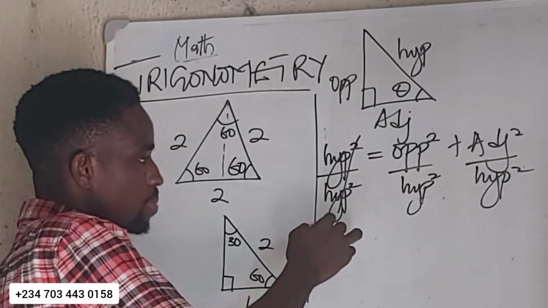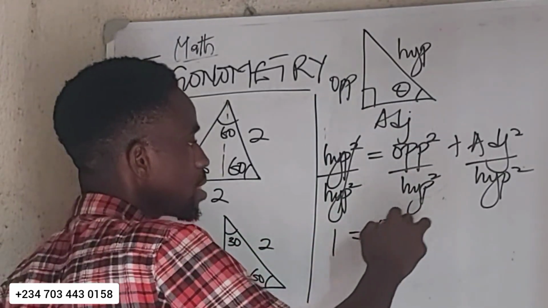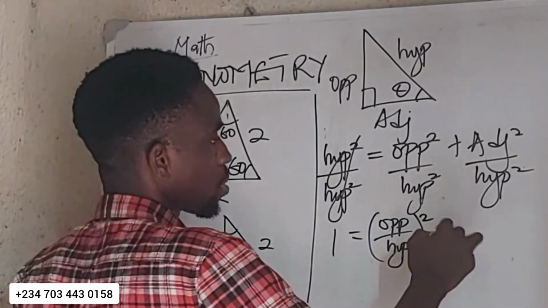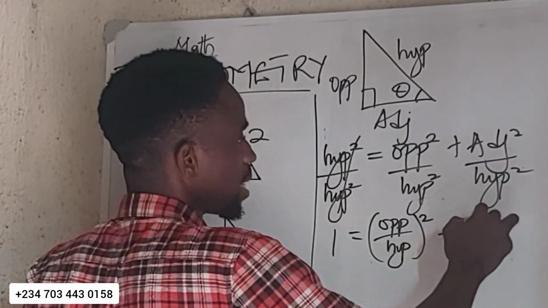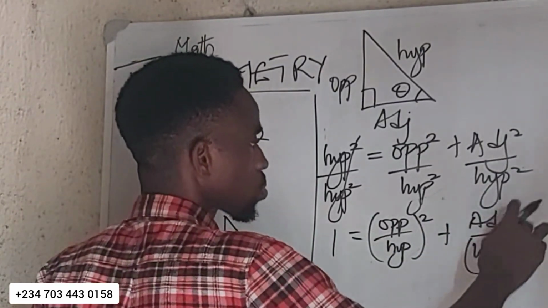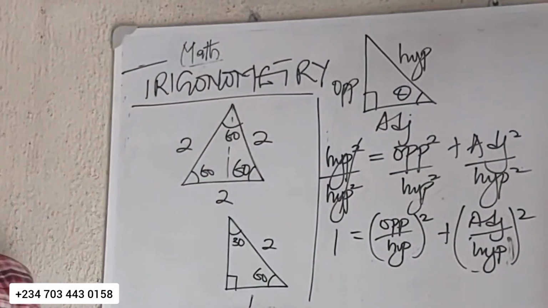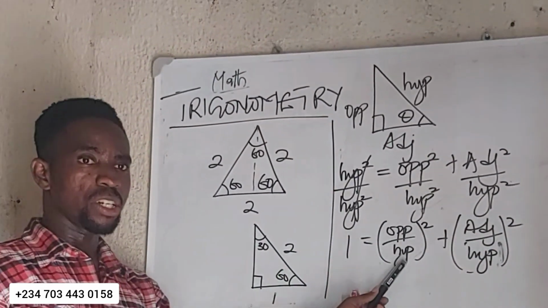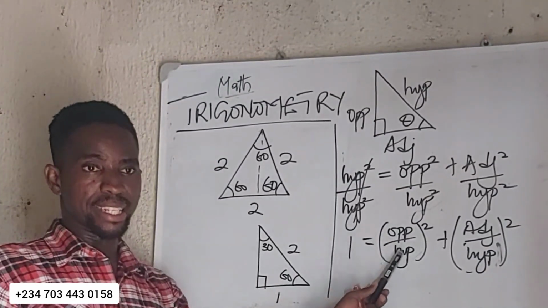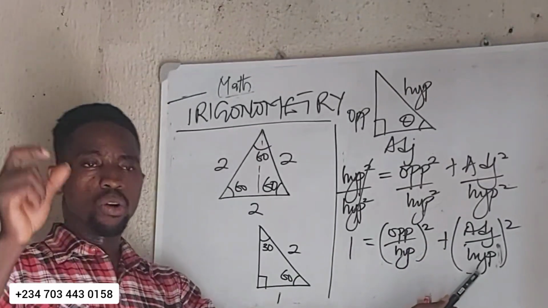What will be left here is 1 is equal to opposite over hypotenuse squared plus adjacent over hypotenuse squared. But opposite over hypotenuse is what we have already established as sin theta, and adjacent over hypotenuse is what we already know as cos theta.